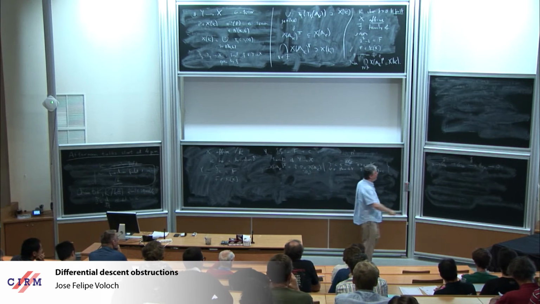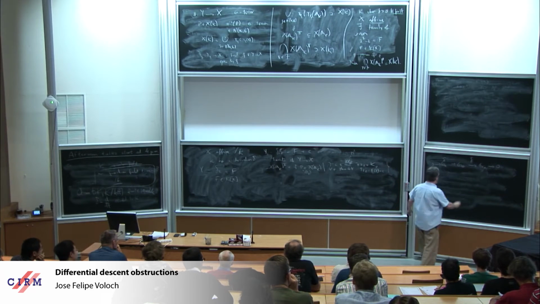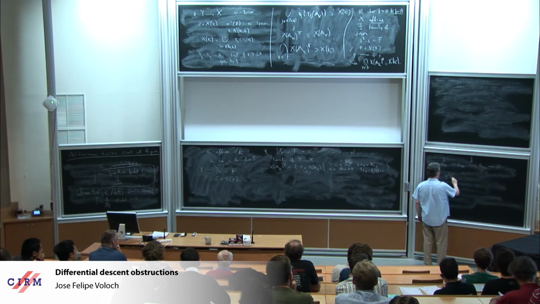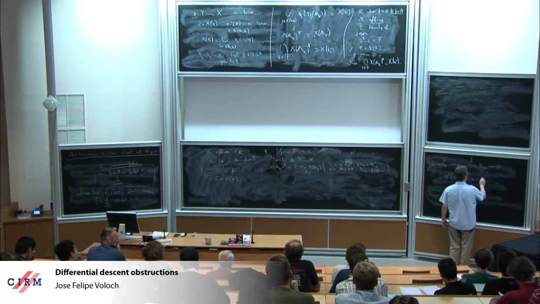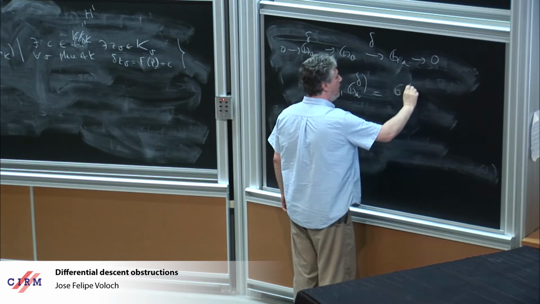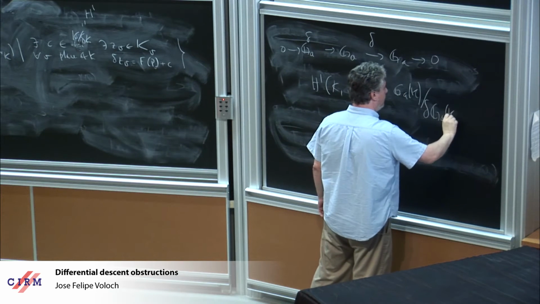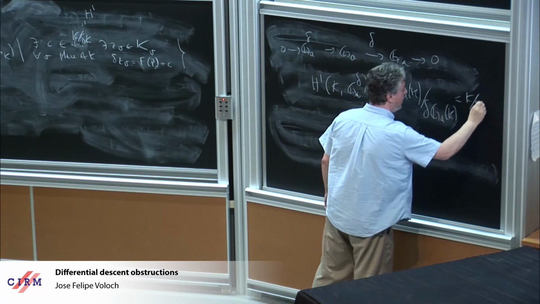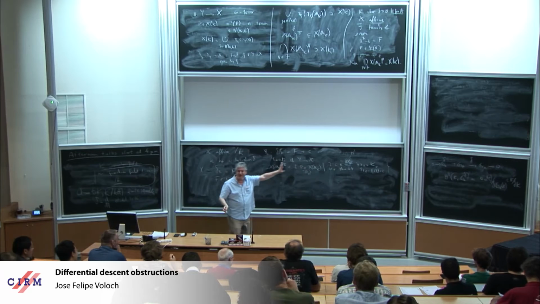And so if such a thing exists in some setup, then you should get that H1 k GA delta is GAK mod delta GAK, which is k mod delta k. Assuming we can make sense of this.